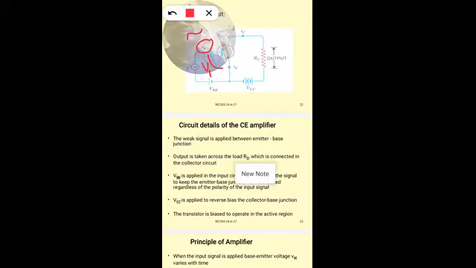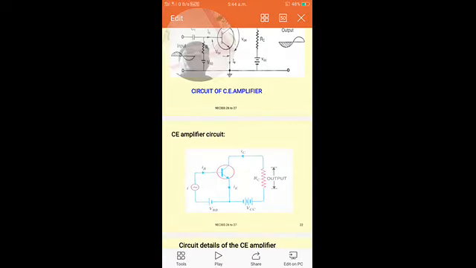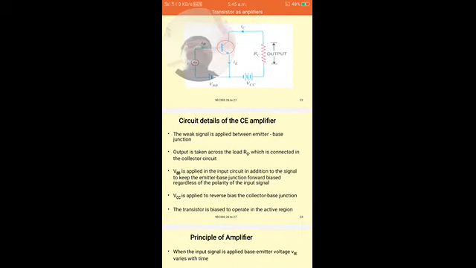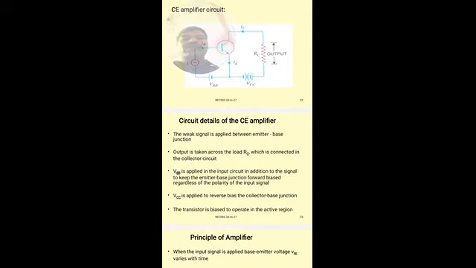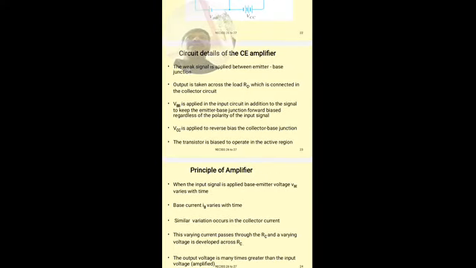When VB is varying, the IB is also going to change with the time, because the current depends on the voltage.